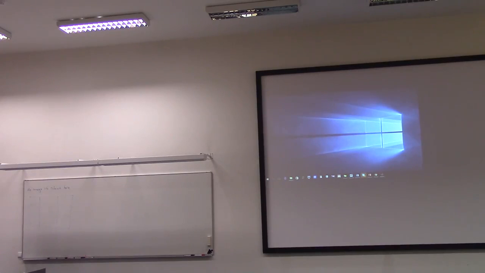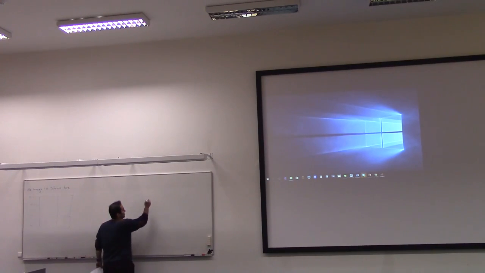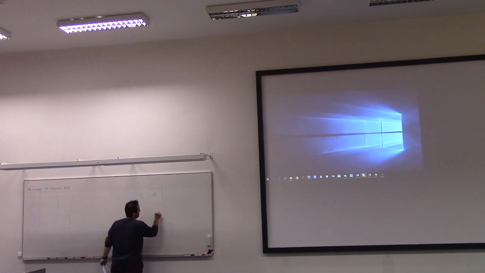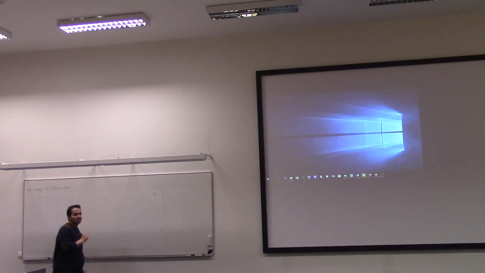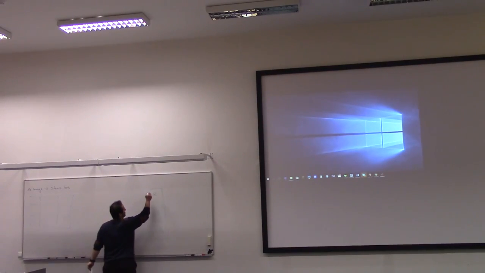As you remember, yesterday we mentioned that when we have a color image, in fact we have three matrices: R, G, and B. And each image has a specific value.